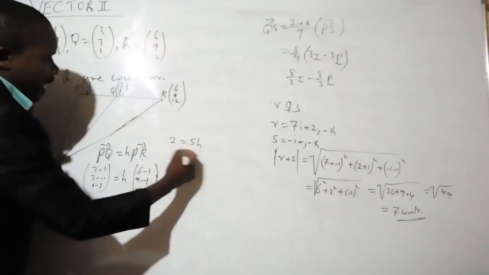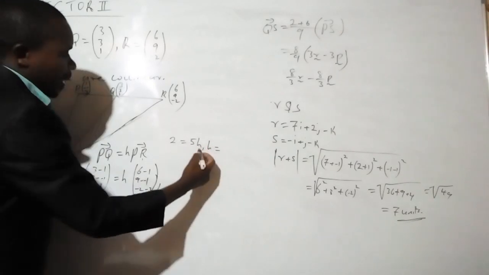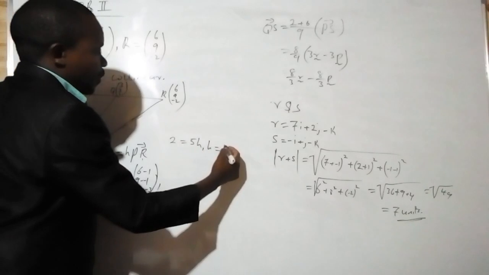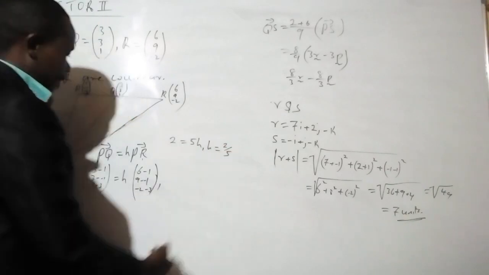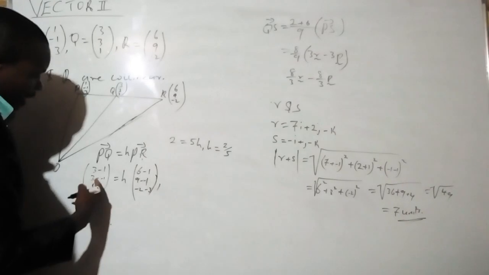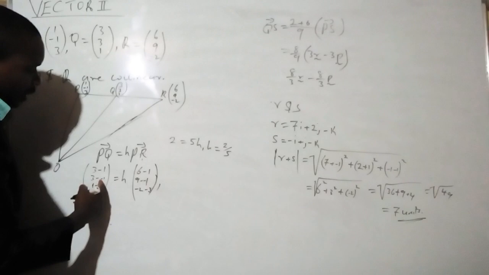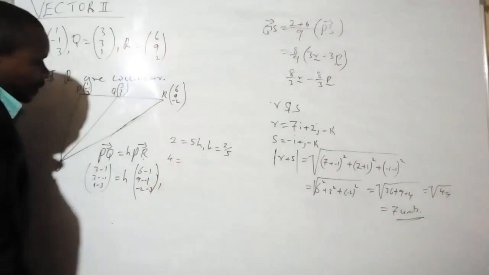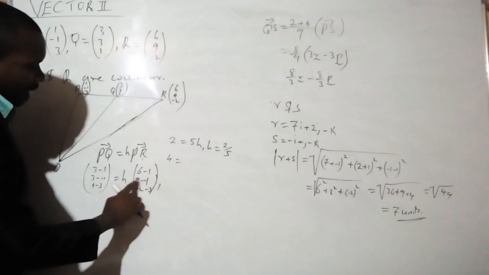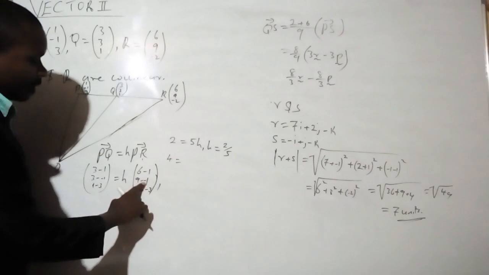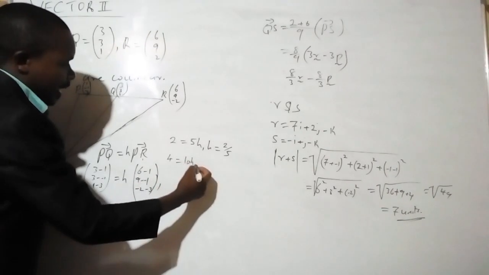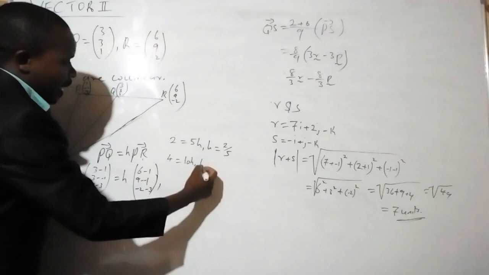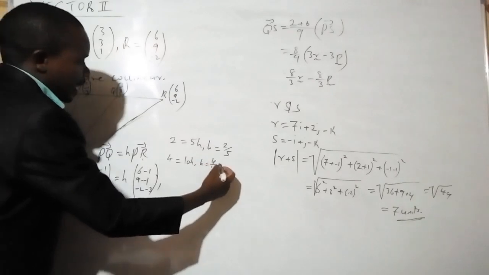You divide by 5, and h will be 2 over 5. Next, 3 minus minus 1 is positive, so 3 plus 1 is 4, equals h times 9 plus 1, which is 10. h is 4 divided by 10, which is again 2 over 5.